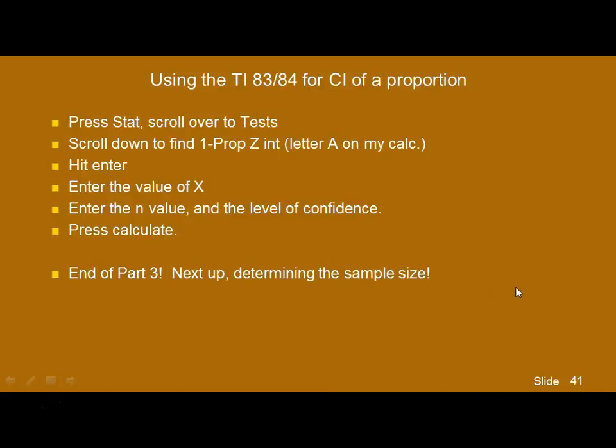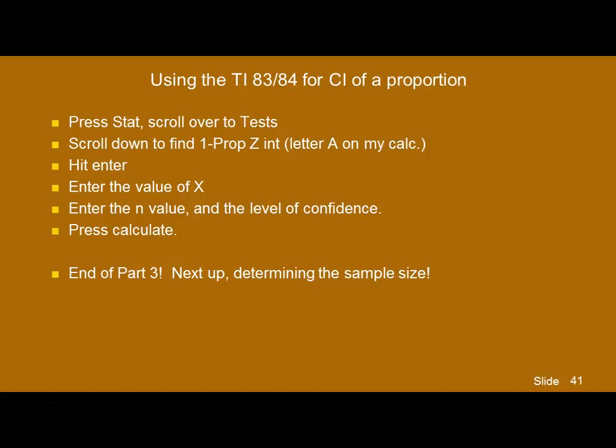If you want to do a confidence interval for a proportion on your TI 83 or 84, you will do the following. Once again, press the Stat button, scroll over to Tests, scroll down until you get to one that says 1-proportion Z interval is the abbreviation.